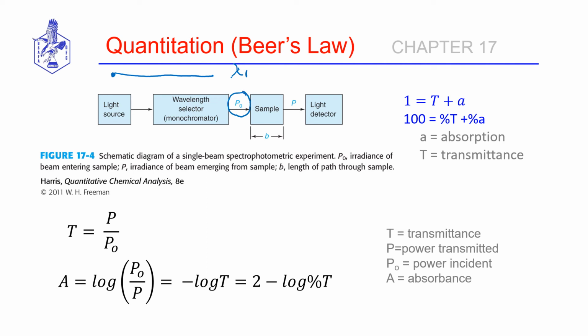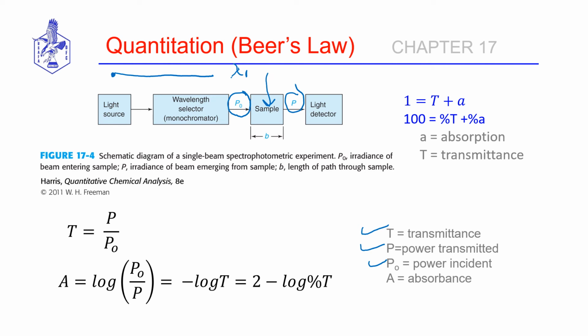That's the incident power, P sub 0. Then we put the sample in place and measure the power that comes through, and that light hits the detector. So P is the power transmitted, P naught is the power incident. The transmittance is the amount of light that hits the detector.